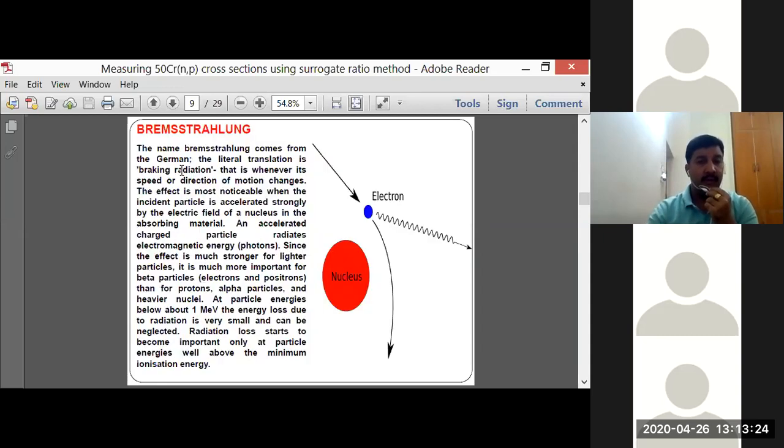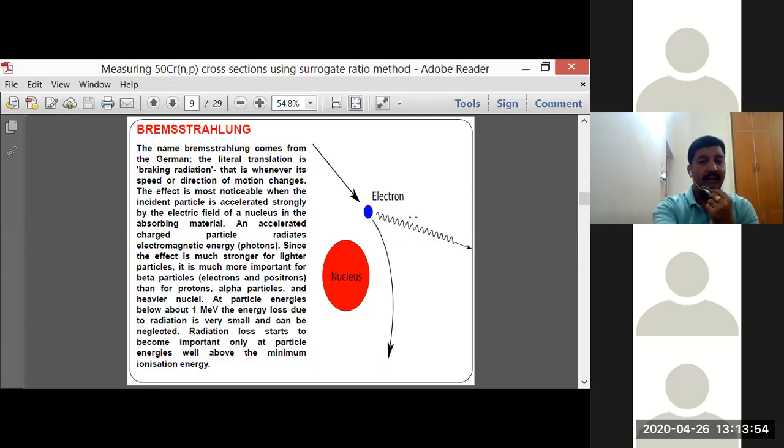The third one, that is good for beta especially, is known as Bremsstrahlung. It's a German word. If you convert it to English, the meaning of Bremsstrahlung is braking radiation. As you see, one electron is coming in the vicinity of the nucleus, and due to the force I showed in the previous slide, F = kQ1Q2/r², it has a slight deflection towards the nucleus.